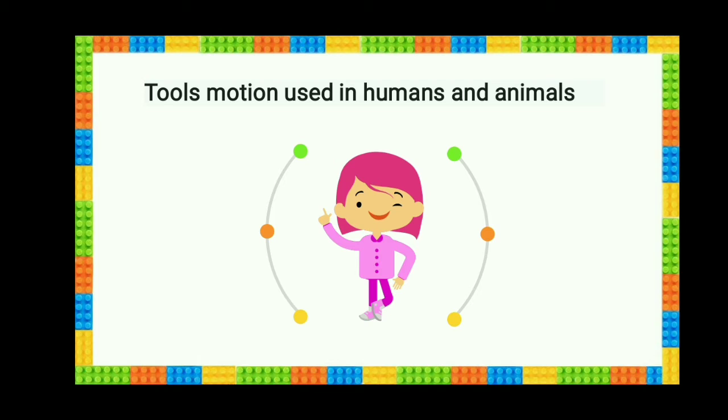There are two kinds of motion tools used in humans and animals, namely passive motion tools in the form of bones and active motion tools in the form of muscles. Both tools cooperate in making movements. Together, the two devices form a system called the motion system.